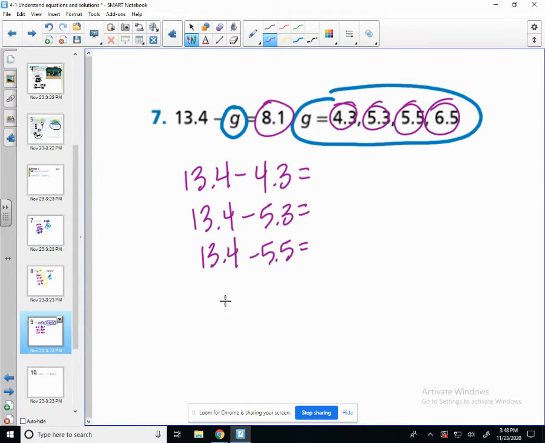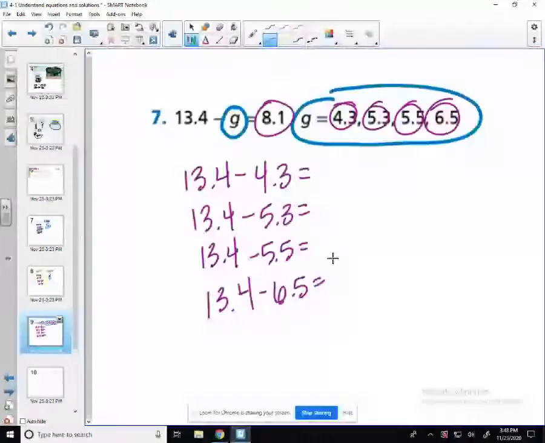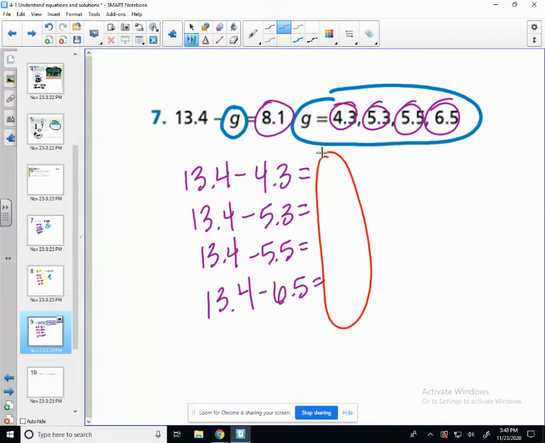And then 13.4 minus 6.5. Do any of these answers equal 8.1? Good. 5.3 equals 8.1. So that would be your final answer.